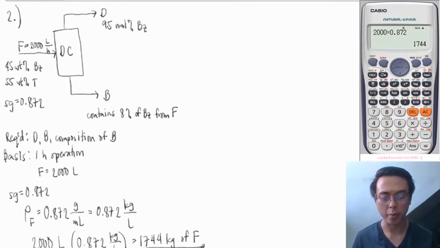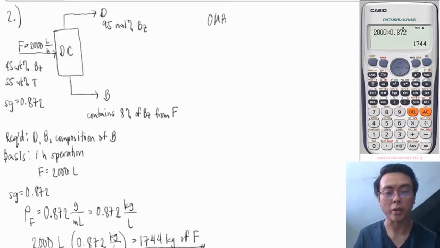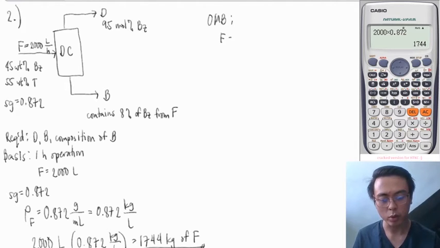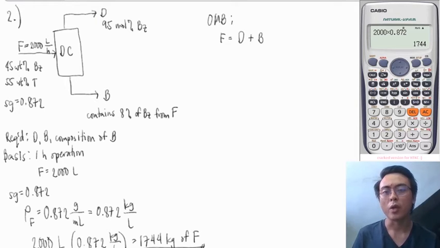Okay, let's begin. For the material balance, we again start with the OMB, the overall material balance. Your OMB in this case is F is equal to V plus B. Okay, we again have come to a crossroads to how we can approach this problem. Our main problem comes from the fact that your distillate is in mole percent, while your feed is in mass percent or in weight percent.